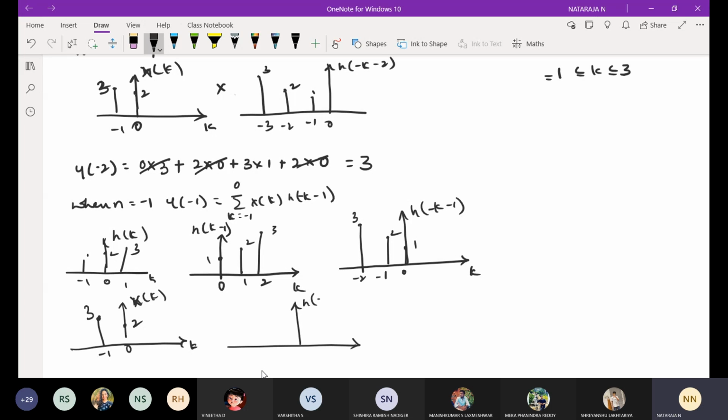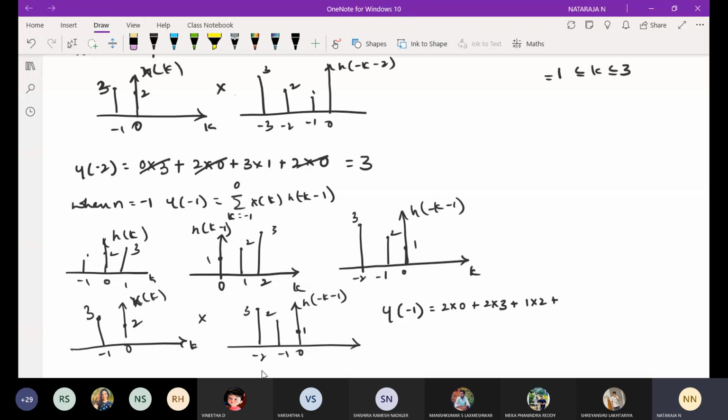These two will be multiplied. 0, -1, -2, 3, 2, 1. Multiply, y of -1. Here at -2 we have 2, the x of k 0, plus at -1 we have 2 into 3, plus at 0, 1 into 2. Okay, that's it.